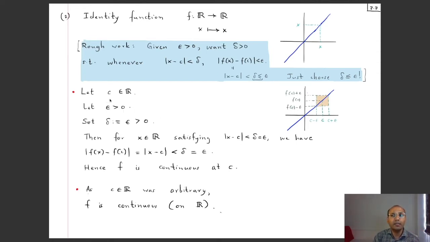So let c be any real number, and I'm going to prove that f is continuous at c. If epsilon positive is given to me, by my plan, I choose any delta which is less than or equal to epsilon and positive. For example, delta equal to epsilon works, delta equal to epsilon by 2, epsilon by 3, epsilon by 30,000, anything less than epsilon will work.